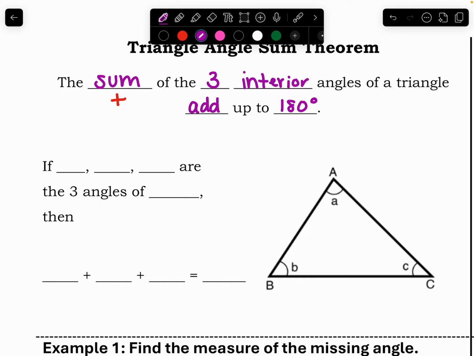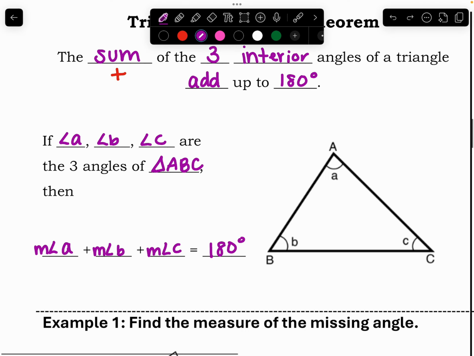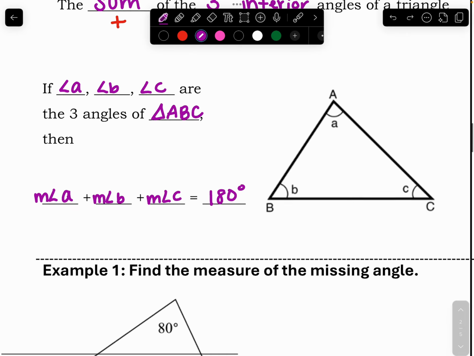So if angle A, angle B, and angle C are the 3 angles of triangle ABC, that means measure of angle A plus measure of angle B plus measure of angle C is equal to 180. Okay, so if an angle is missing, you would just add the other two and subtract it from 180.